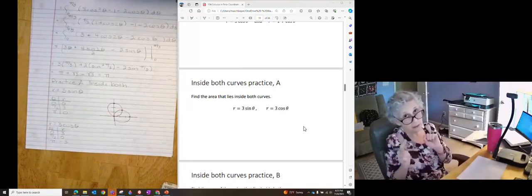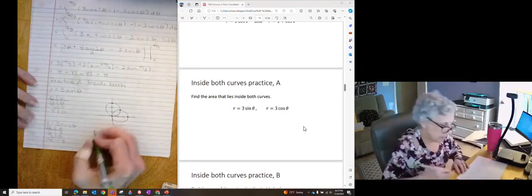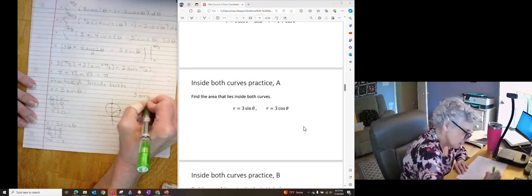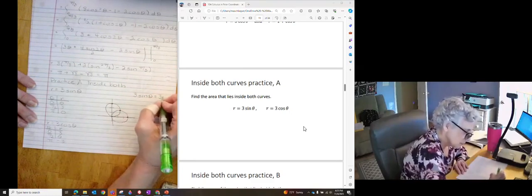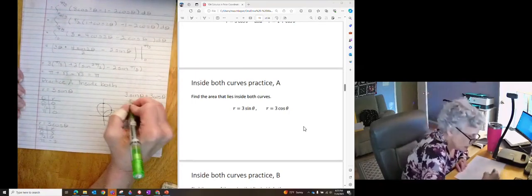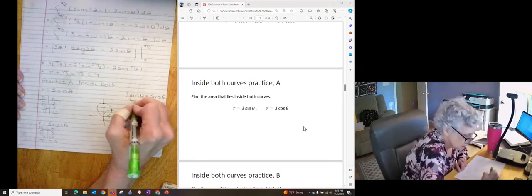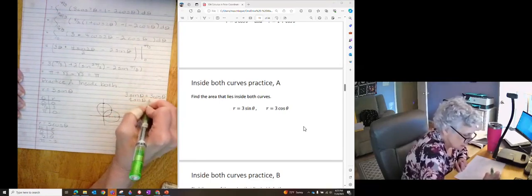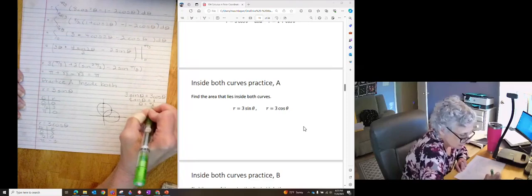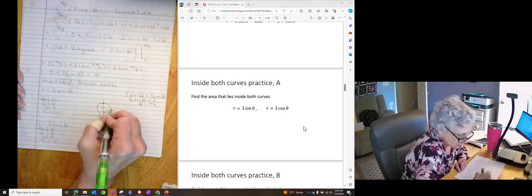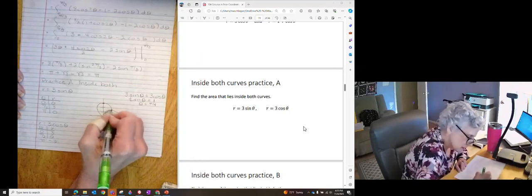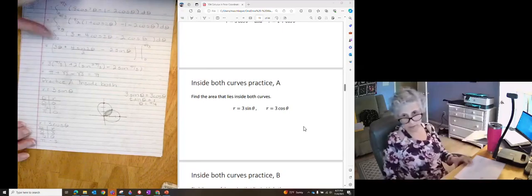Now it looks like it's going to cross right there at pi over 4, so let's just confirm. 3 sine theta equals 3 cosine theta. Well, that means sine theta over cosine theta, tan theta, is equal to 1, so theta is pi over 4. So we're looking for this little kind of a football shape right here.